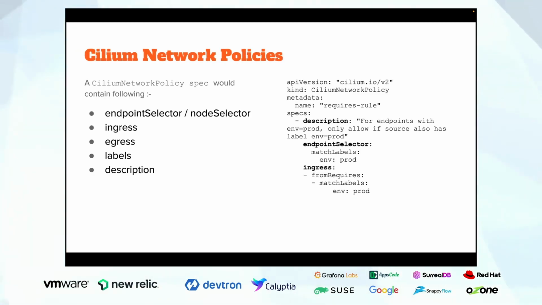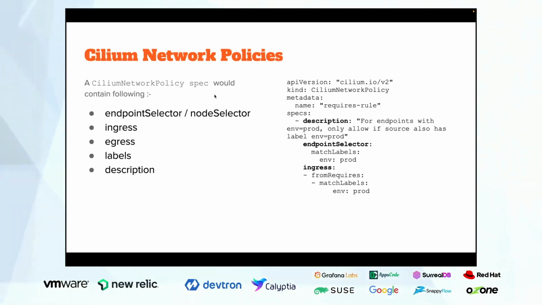Okay. Now let's look at some of these network policies, which are very interesting and very powerful over the basic policies you have in the environment. Here is a policy of Cilium.